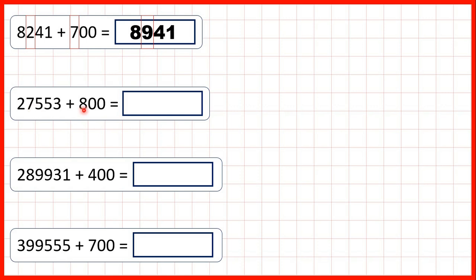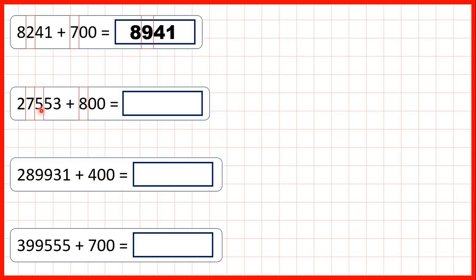Now we have 27,553 plus 800. Now here, if we highlight our hundreds digits, we have 5 plus 8, but that comes to 13, which is a 2-digit number, and we can only have 1 digit in each place value. So what we need to do is to highlight our thousands digit as well. So highlight the place value column to the left.